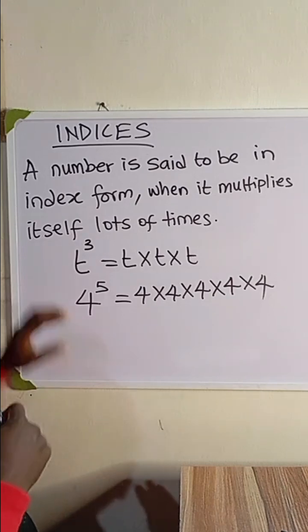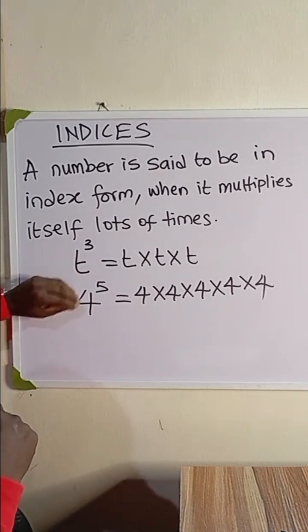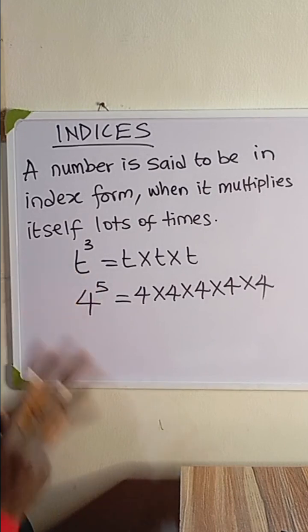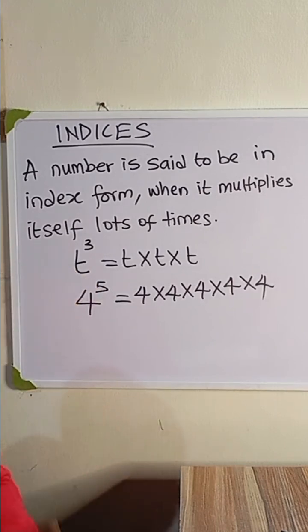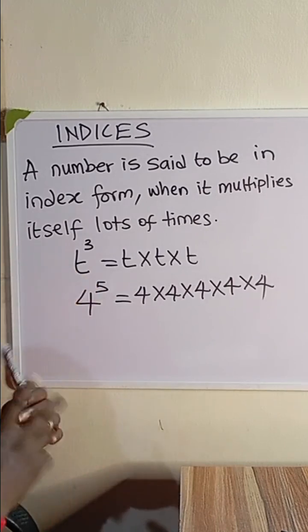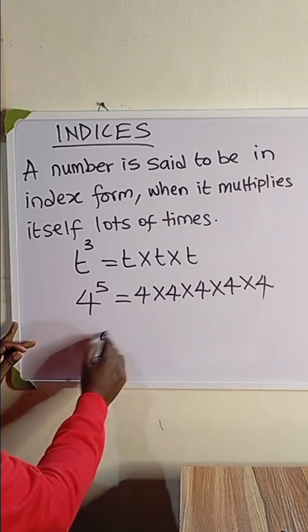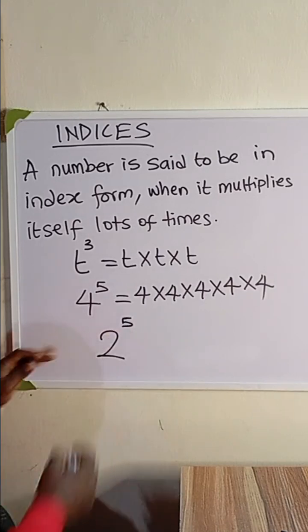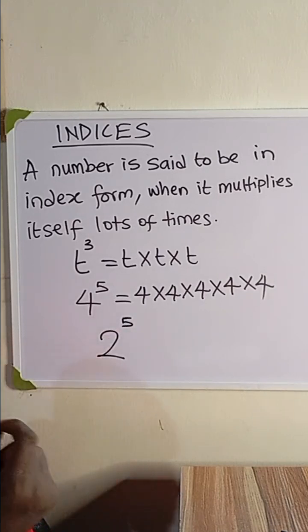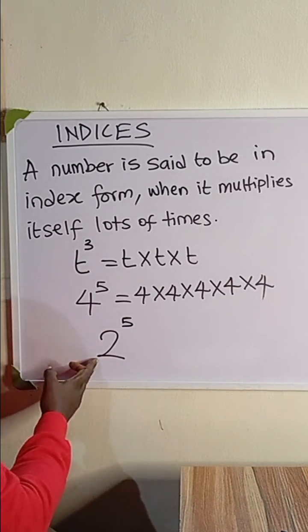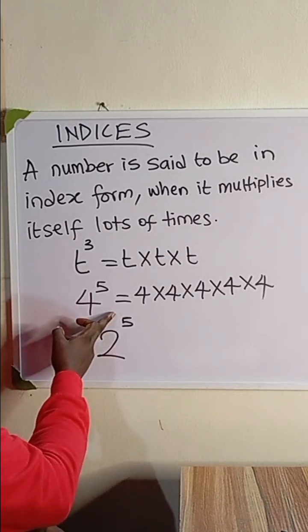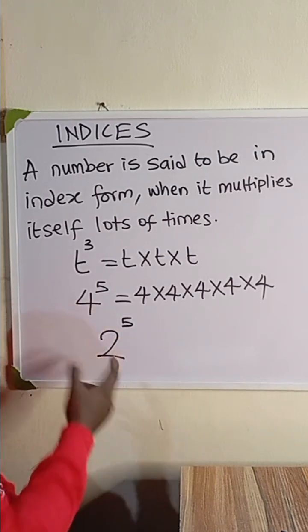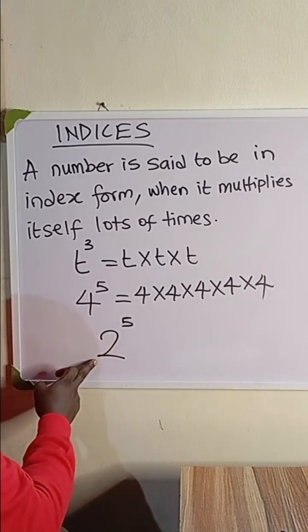Thank you. So 4 to the power of 5 means 4 is multiplying itself 5 times. So whenever you have a number in index form, for example, you have 2 to the power of 5, so 2 to the power of 5 is a number in index form. So what does this number here mean? And what is this number called?